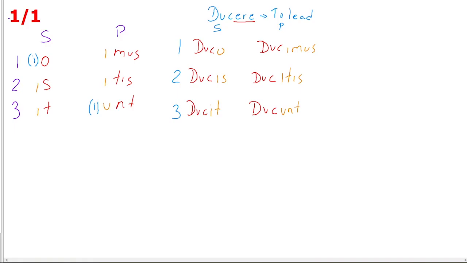Now let's take a look at a verb from the third IO conjugation. And therefore let's take the word capere, which means to seize. So what we'll do here is, we'll follow the same rule and we'll remove this ERE and just bring down what is left.